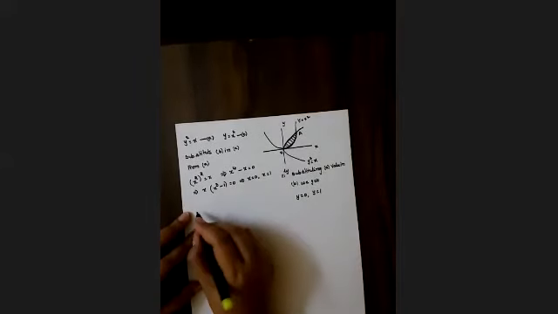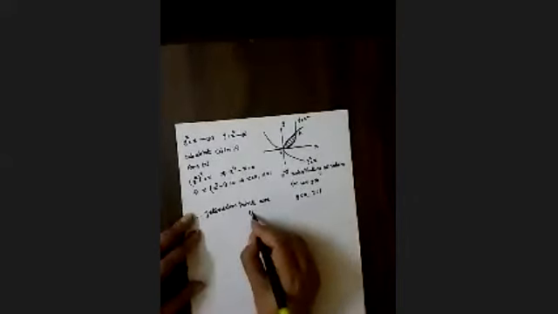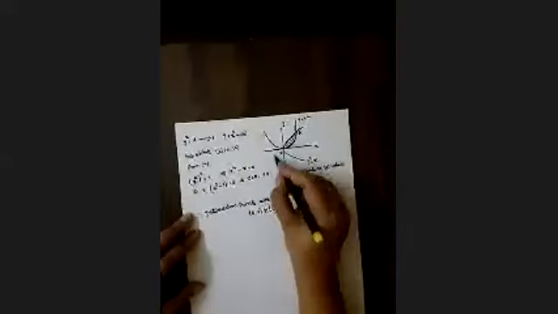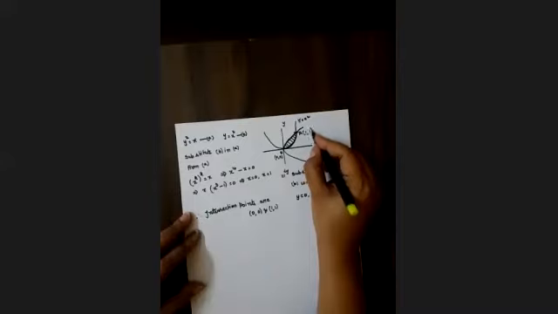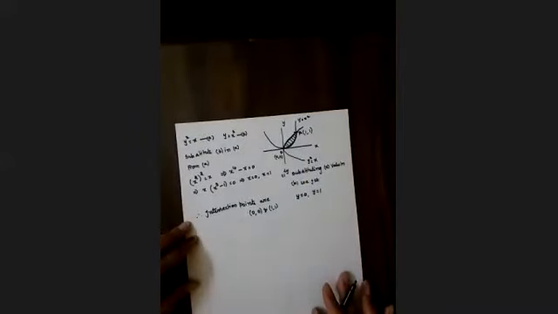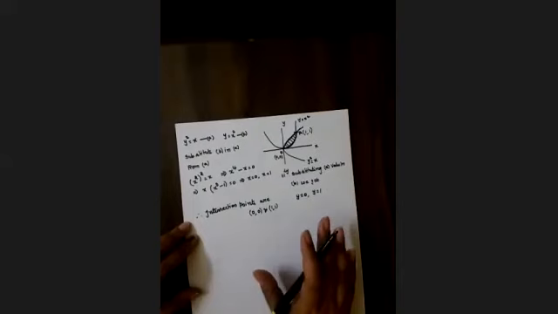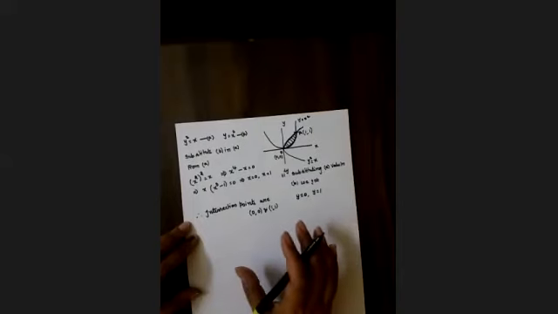Therefore, the intersection points we got are (0, 0) and (1, 1). Obviously, your intersection point capital A is (1, 1). Now, based on this, we'll verify whether Green's theorem is verified for this plane equation or not. We will check.